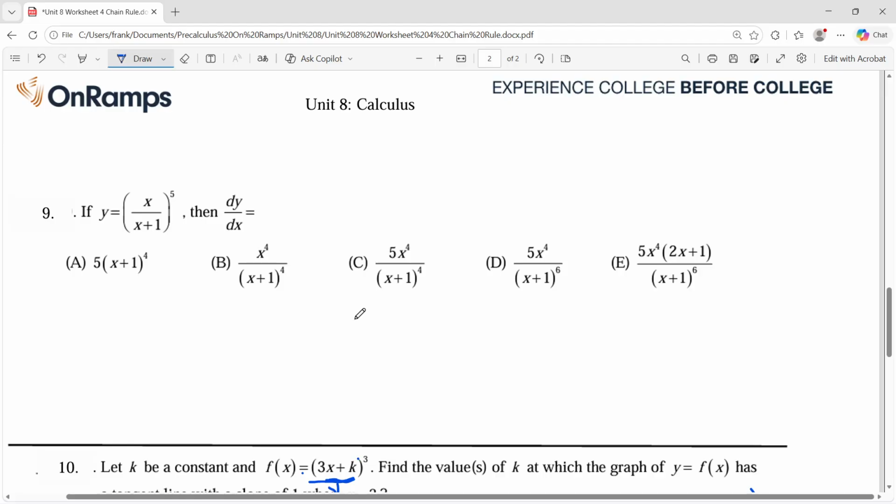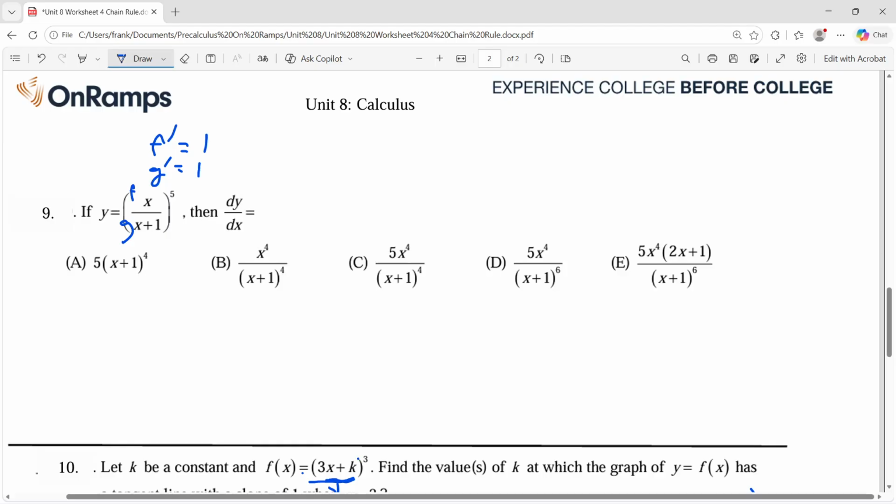And so remember that this inside is a quotient. So if f is x, f prime is 1, and if g is x plus 1, g prime is just 1. So now I have to do the outside, but then I have to do the inside, which is quotient rule.